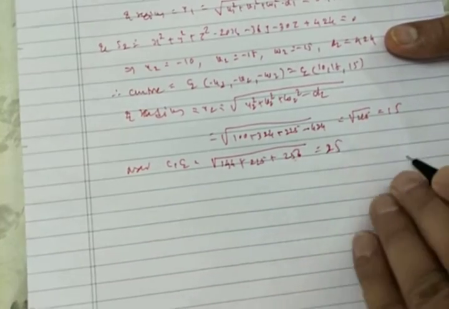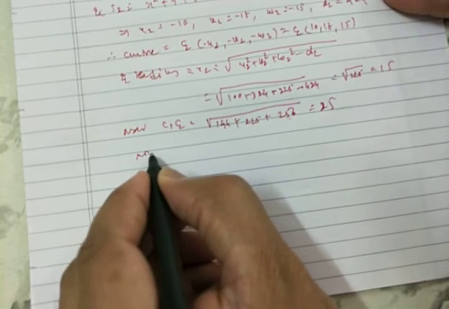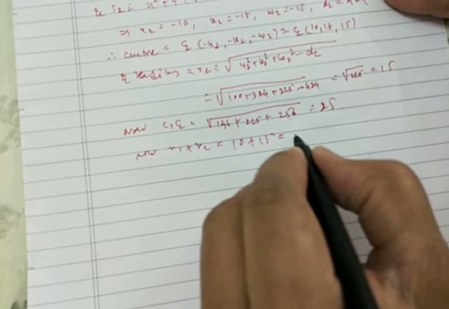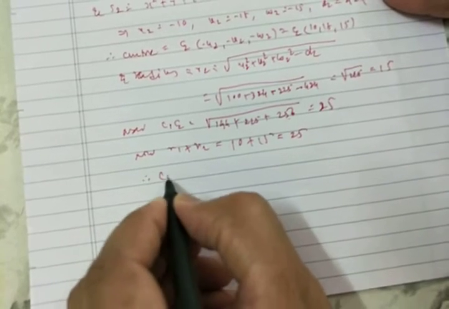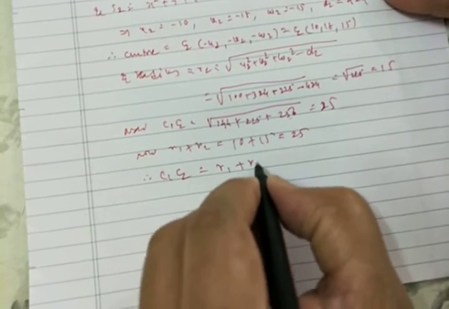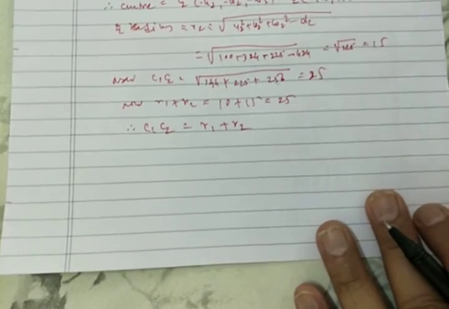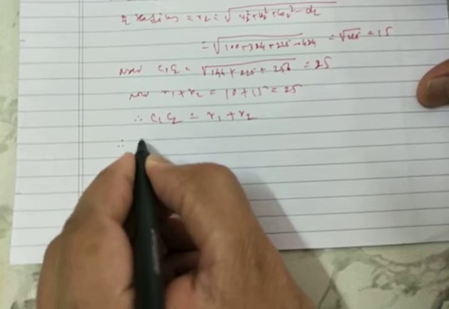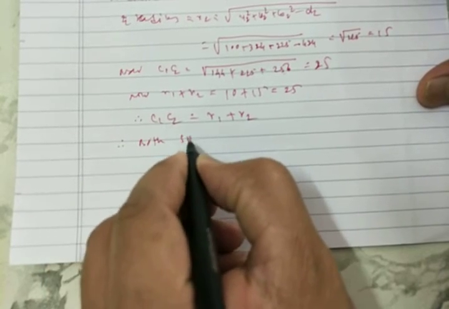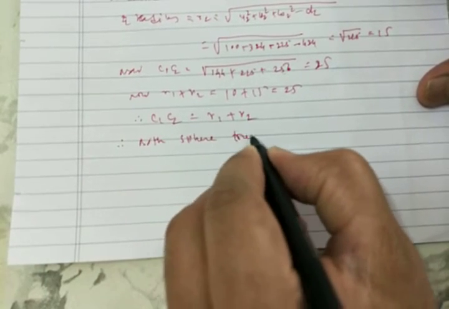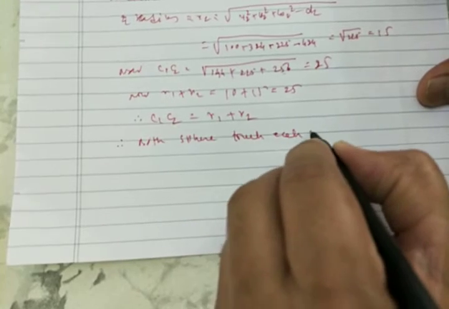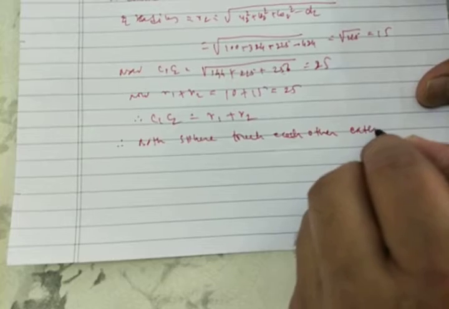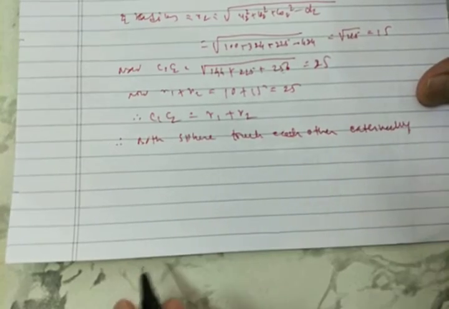That is 25. Now R1 plus R2, 10 plus 15 is equal to 25. Therefore C1C2 is equal to R1 plus R2. And therefore both spheres touch each other externally.